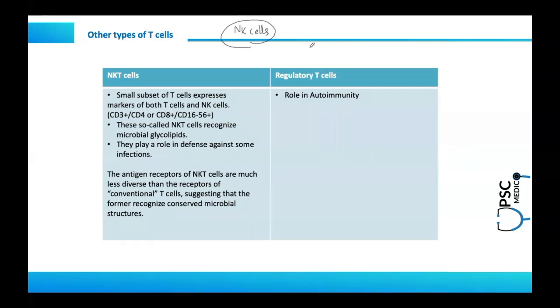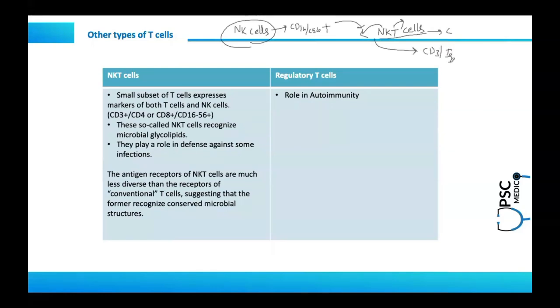What we are missing here is the natural killer cells. Yesterday we discussed in detail the natural killer cell, the count, the look, and how they function. But here there is a special entity called NKT cells. It has both components: one is natural killer cell and the other is T cell. You might remember the natural killer cell will have only CD16 and CD56, nothing else.